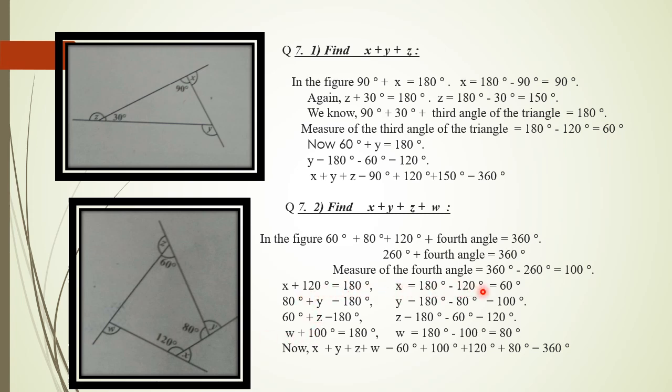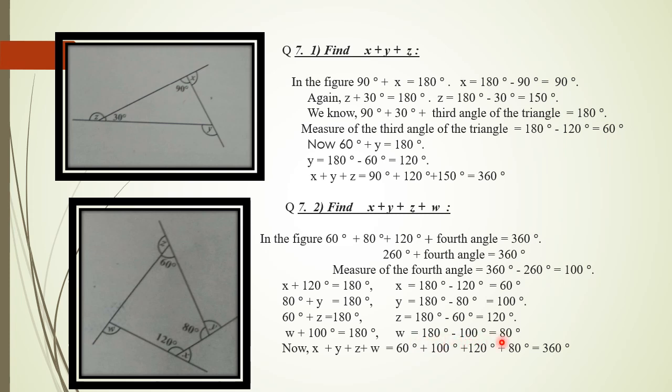Therefore x is equal to 180 minus 120, which is equal to 60 degree. And 80 plus y is equal to 180 degree. Therefore y is equal to 180 minus 80 degree, which is equal to 100 degree. 60 plus z is equal to 180 degree. Therefore z is equal to 180 degree minus 60 degree, which is equal to 120 degree. w plus 100 degree is equal to 180 degree. Therefore w is equal to 180 degree minus 100 degree, which is equal to 80 degree.